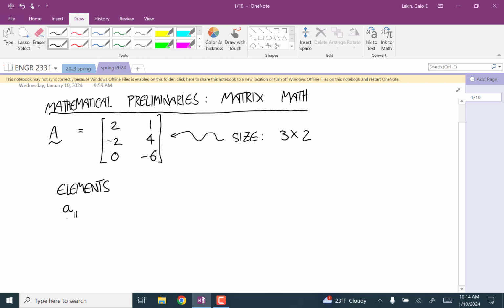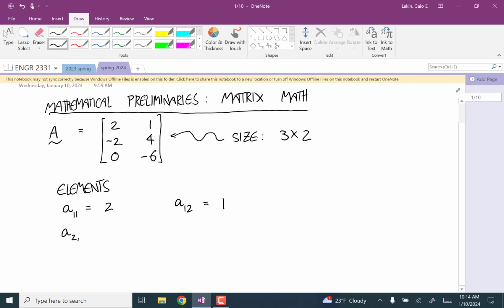A lot of times the matrix name will be a capital letter like this, and then for the elements, you'll just use that same letter but lowercase. That's a pretty common way that people write this. So what's the element that's in the first row and the first column? 2. Yep, exactly. What's the element that's in the first row and the second column? 1. Yep.